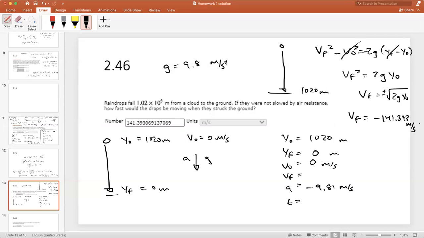Because Wiley has decided that Y is positive down, that this is acting like constant acceleration toward the ground. And that's totally okay. If we do that, this would be a positive here, right? And what we get is we would still get this negative here.